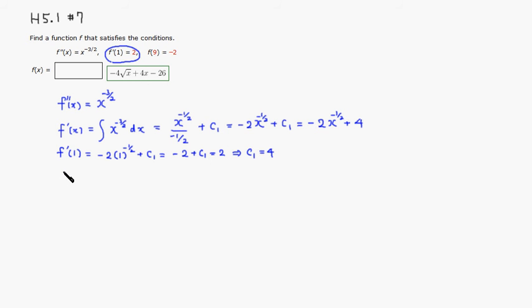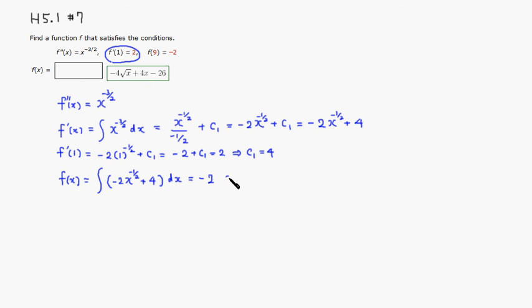Then we can go back to the original function f of x by taking the antiderivative once again of negative 2 x to the negative 1/2 plus 4. There's a negative 2 in front.